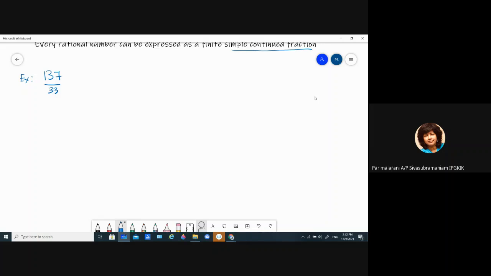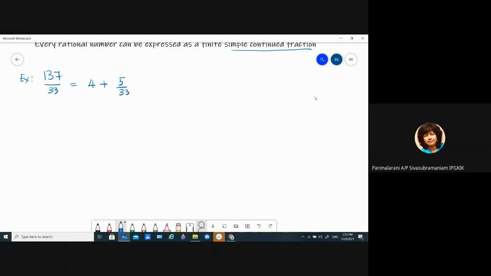So 137 over 33 actually means how many 33s are there in 137? Normal division, okay? 137 divided by 33 is 4. There are 4 33s inside 137. What's the remainder? 5. So we write the remainder as 5 over 33.